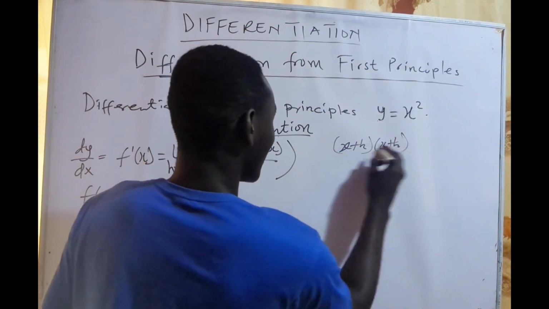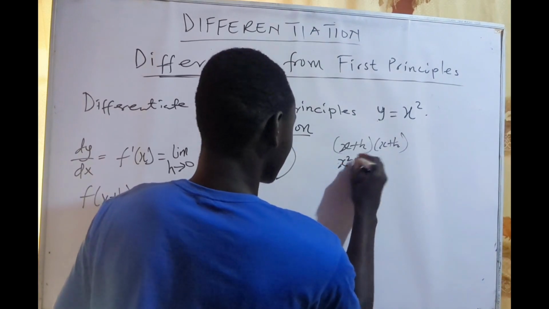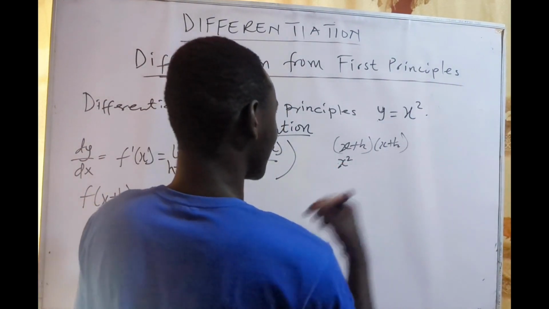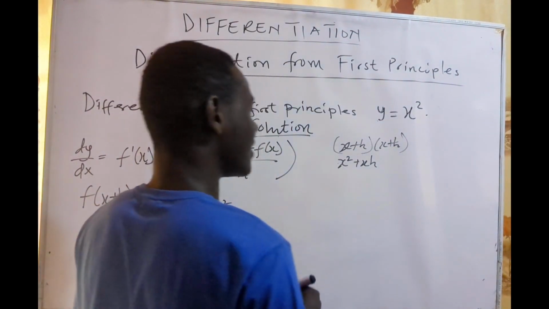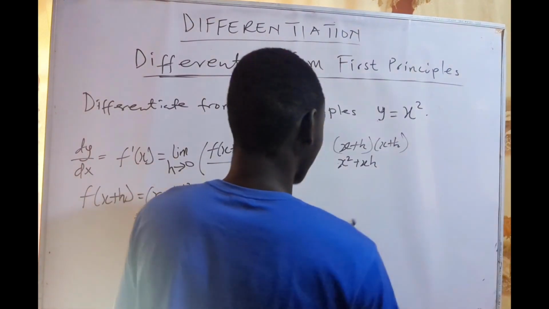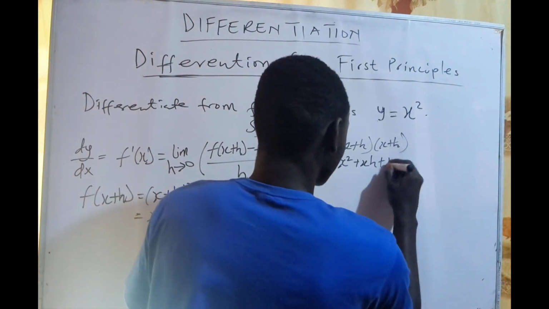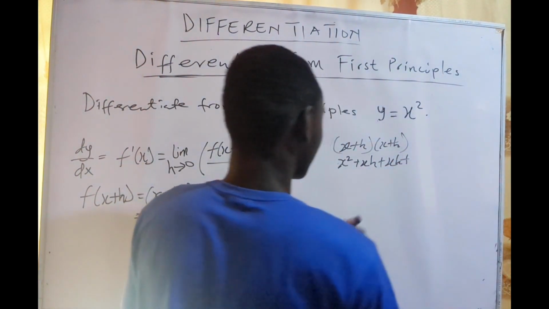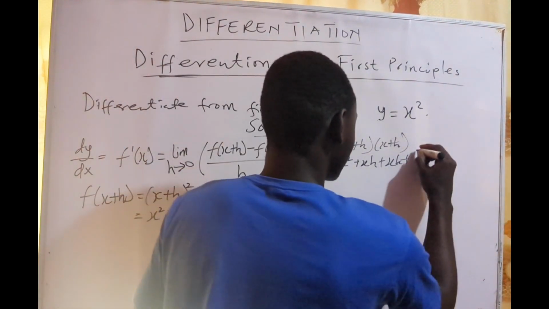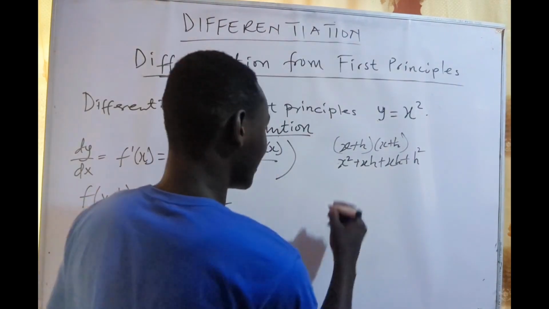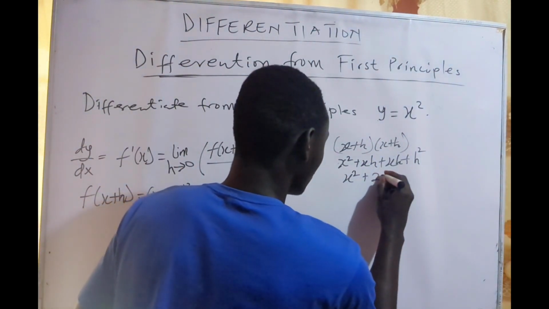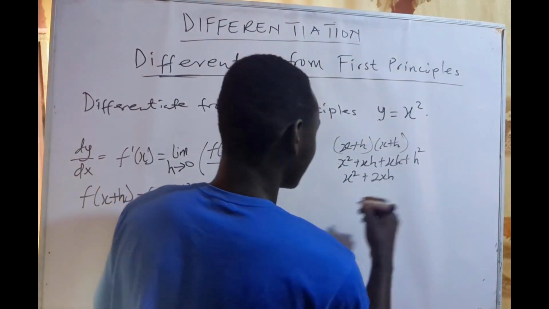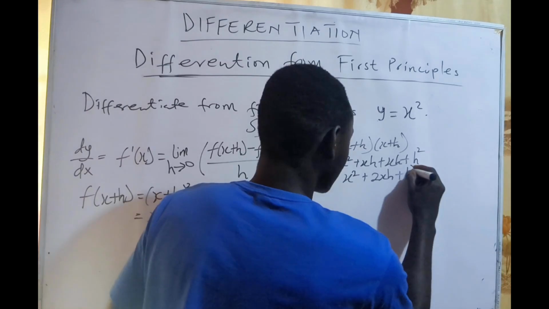So x times x is x squared, x times h is xh, h times x is xh, and h times h is h squared. So here you can say x squared plus 2xh plus h squared.